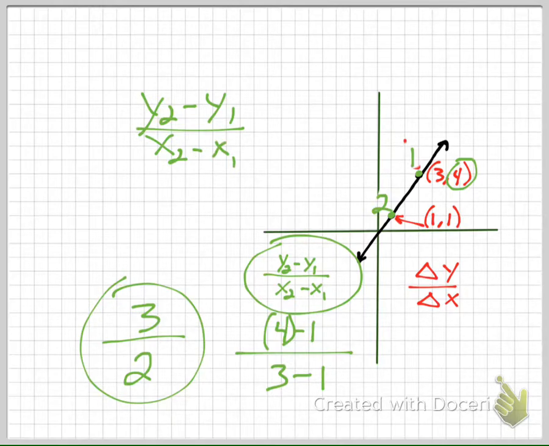What is x2 now? What is the x in point 2? 1. In parentheses. Minus, what is the x in point 1? Sorry, it's y2. What is the y in point 1? 4. Over, what is the x in point 2? 1.